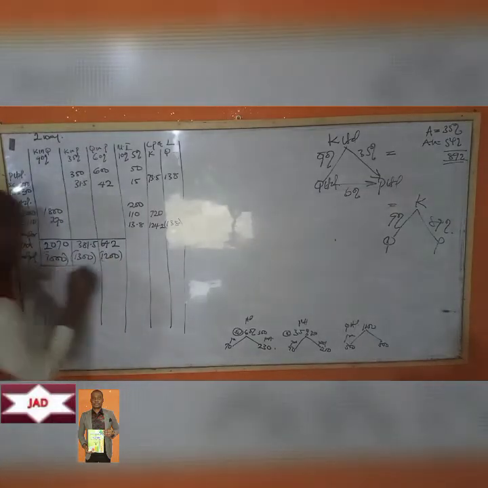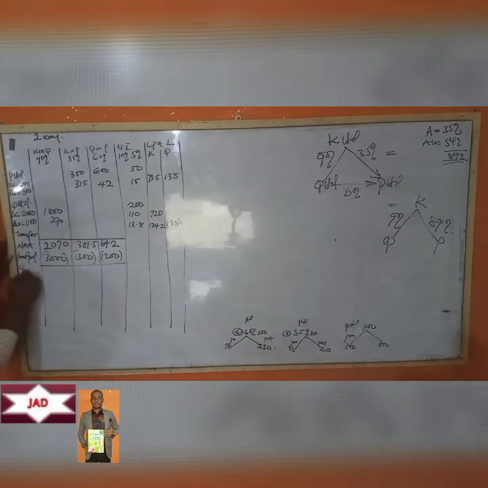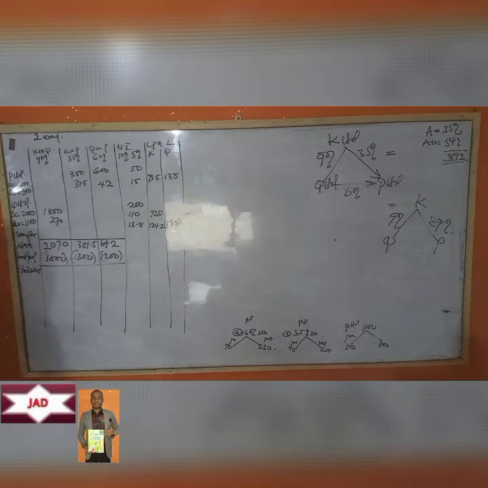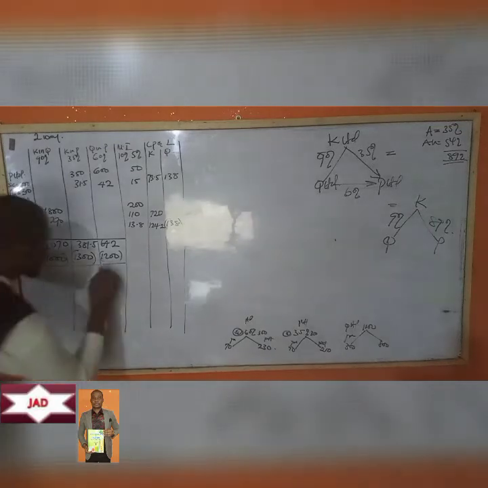So when you do this, this is debit balance goodwill. So 1,200 minus 642. This is 558.